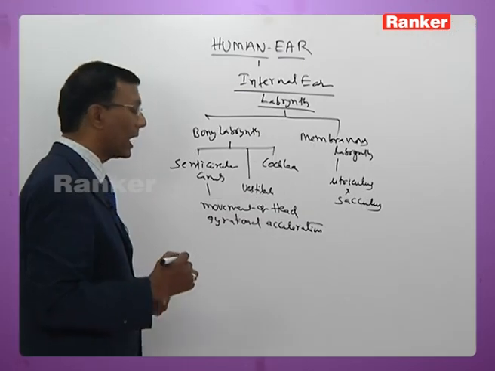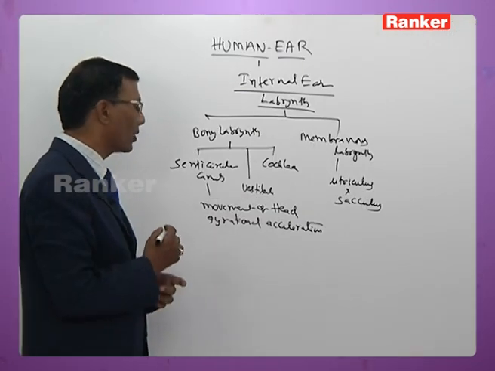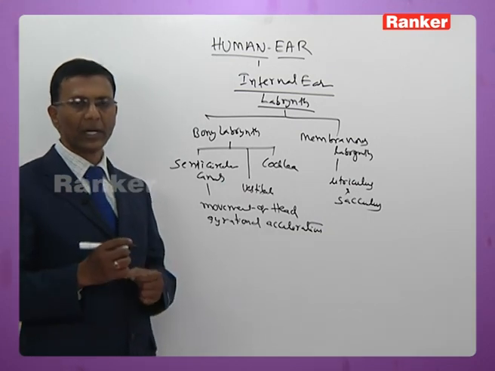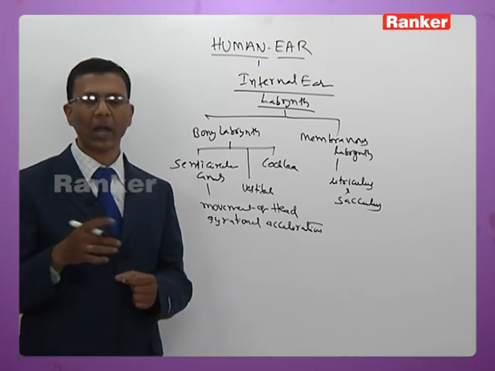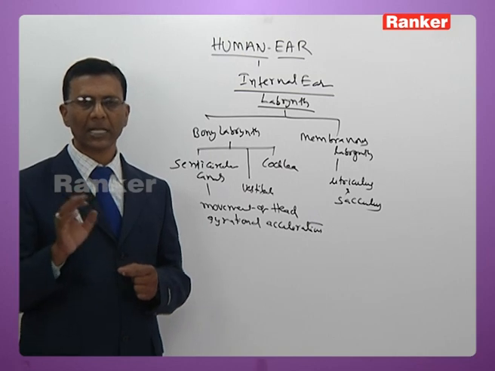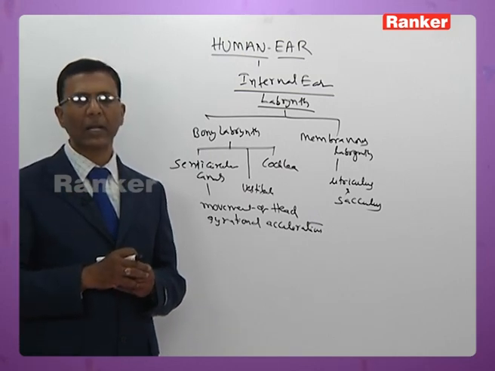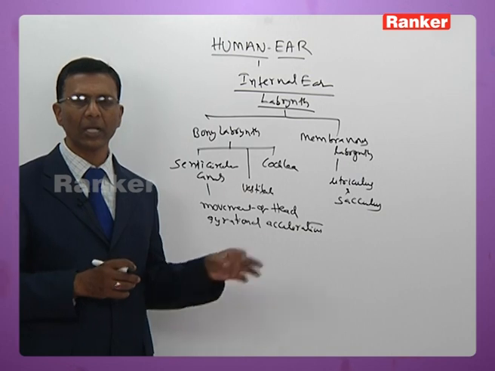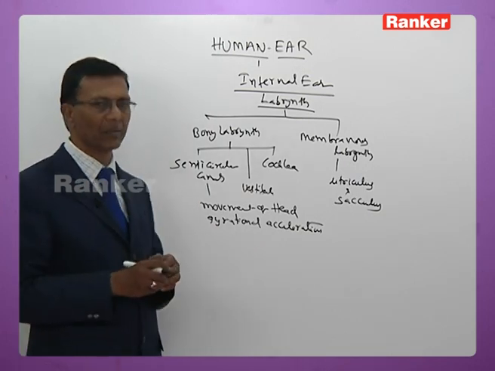Gyrational acceleration and movement of the head are under the control of the semicircular canals. While walking or performing various activities, there is a slight movement of the head in a sideward direction or upward and downward direction. Those movements of the head are under the control of the semicircular canals.